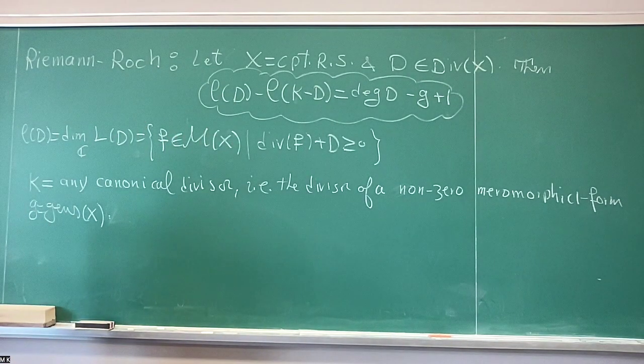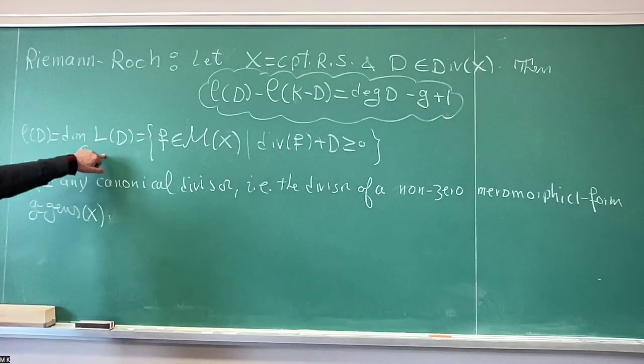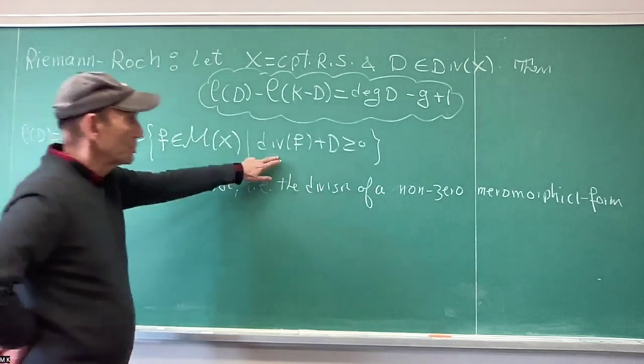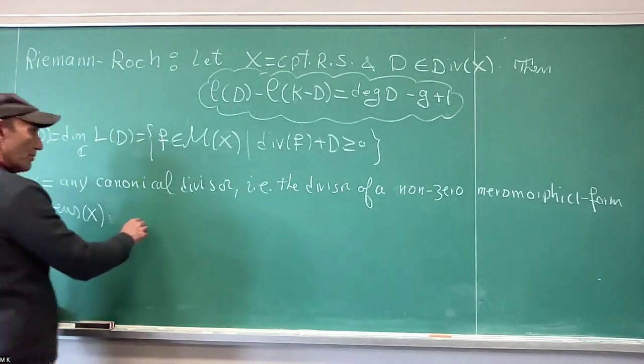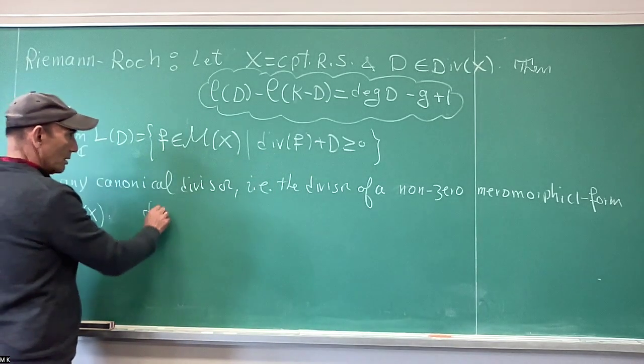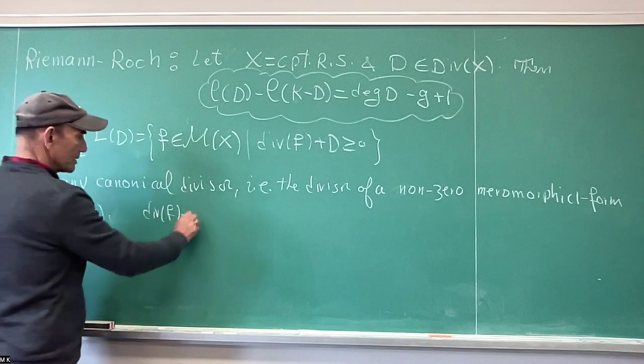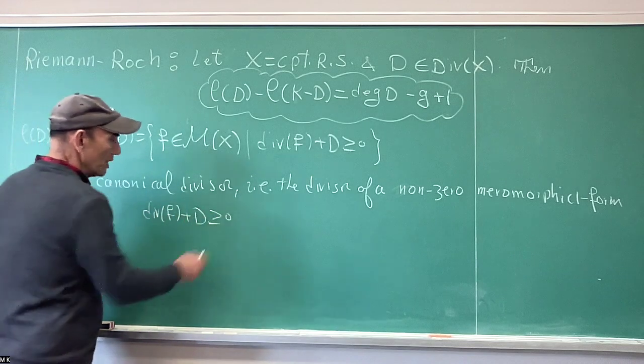And for example, one thing that's not clear is why this space is finite dimensional. Because this is just a space of some meromorphic functions with this condition. Remember, what does this divisor of F plus D mean?